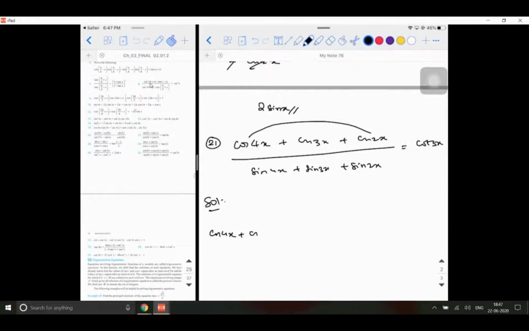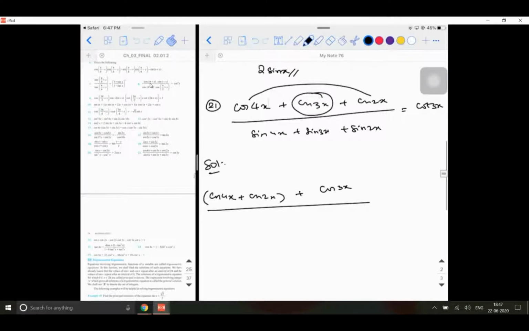You have cos 4x plus cos 2x plus cos 3x, the whole divided by, I can combine sin 4x and sin 2x, so it will be sin 4x plus sin 2x plus sin 3x. Right?